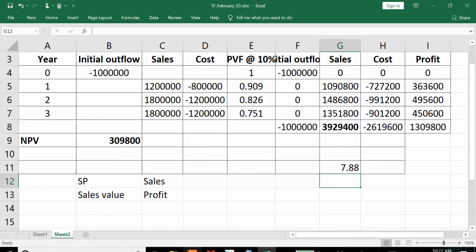What's the sensitivity percentage? 7.88%. Clear? Any doubts on this?